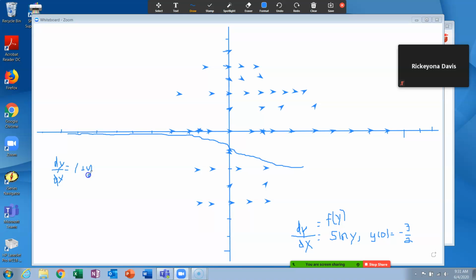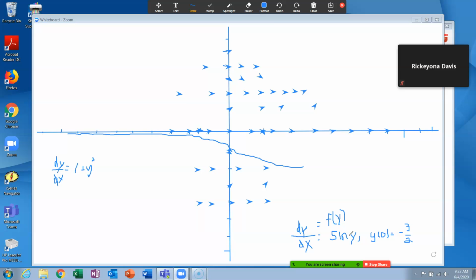Now, by the way, this one's not linear because the y is squared. This one's not linear because it's sine y, okay? So this has nothing to do with linearity. It could be linear, but this is not. The second example is the one we did earlier. dy dx is equal to 0.2 times xy. Not autonomous because it does have x dependence, okay?